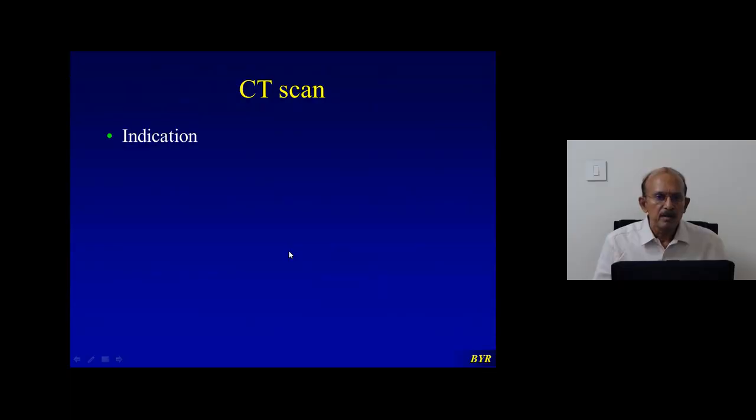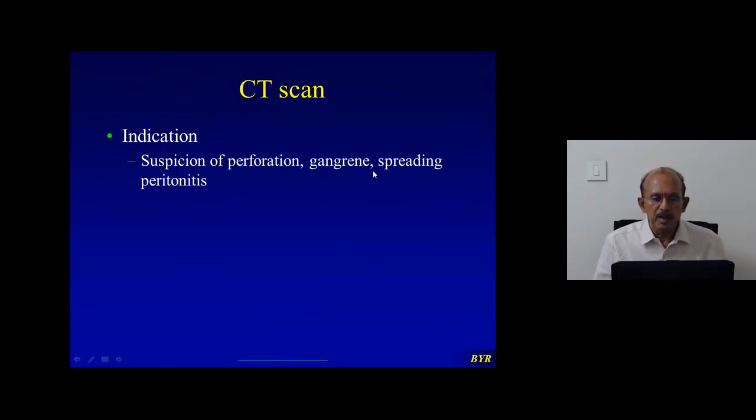CT scan, indication: suspicion of perforation, gangrene, spreading peritonitis. Whenever the pain, I told you, within 3 to 4 days of treatment, the pain subsides, tenderness decreases, guarding decreases, and you will be able to feel a small tender lump in the right hypochondriac region.